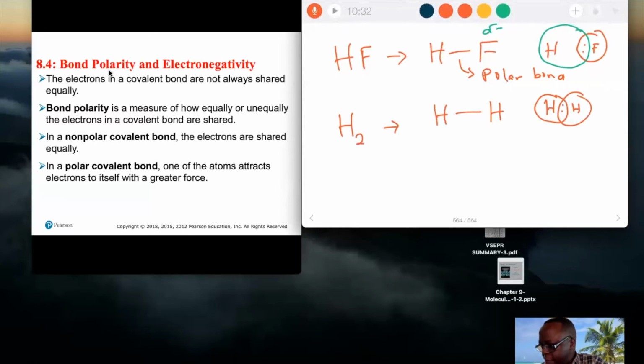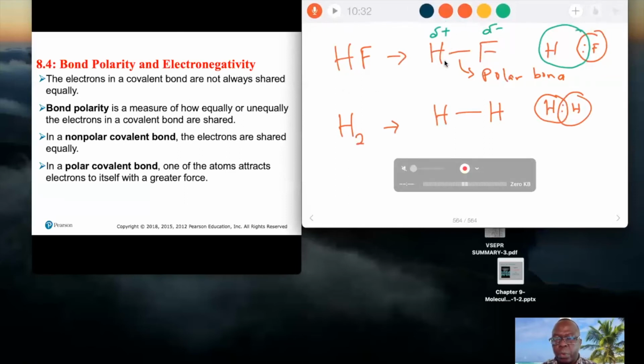You may have seen delta negative and delta positive, which indicates which portion of the molecule is electron rich and which portion is electron poor. This is the electron poor region of the molecule. This is the electron rich portion of the molecule based on the position on the periodic table.